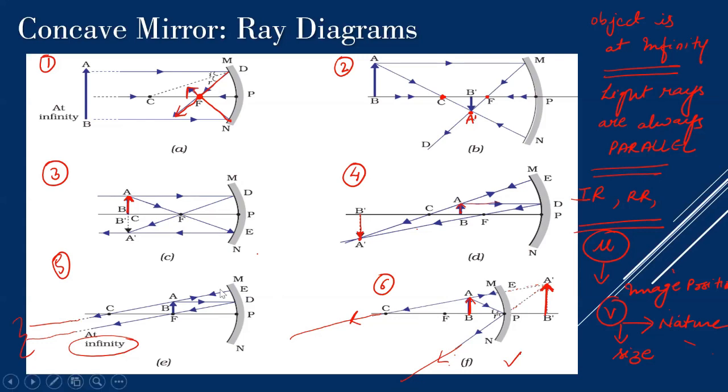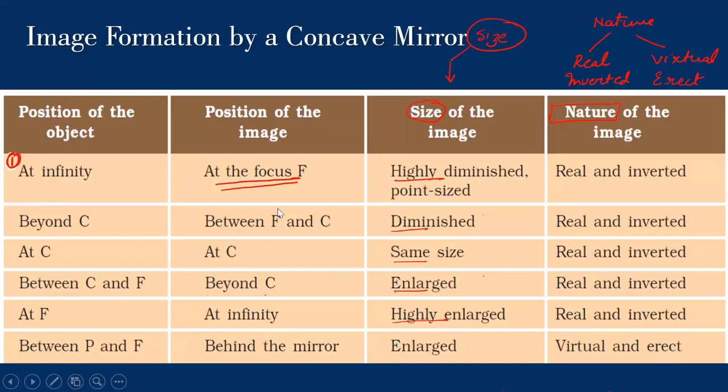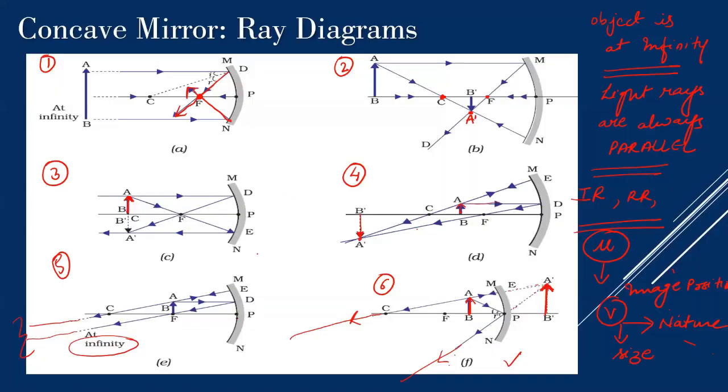If you observe this table, the first one says, at infinity, position of image is at focus. So for example, if this is your concave mirror, this is the principal axis. If you observe, the object is coming close to the concave mirror, and the image is going away from the concave mirror, if the image is real.